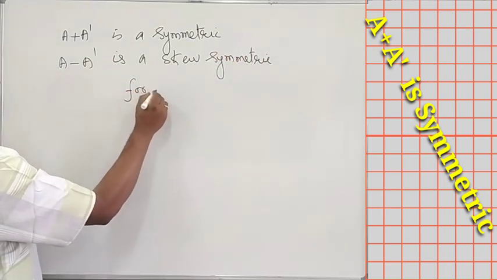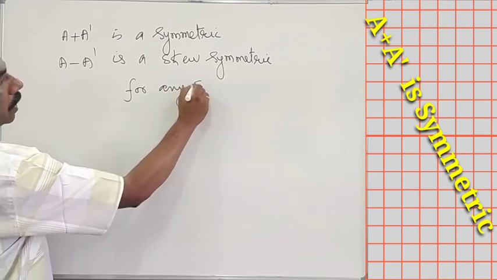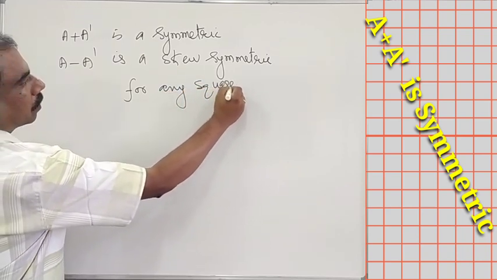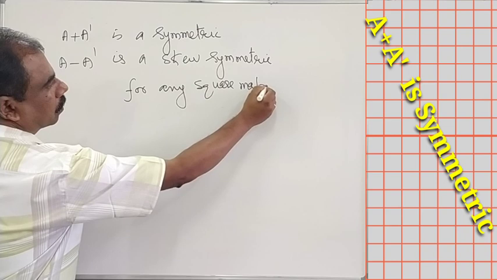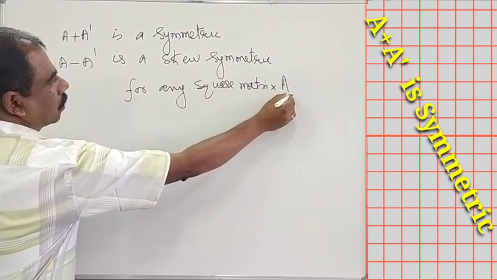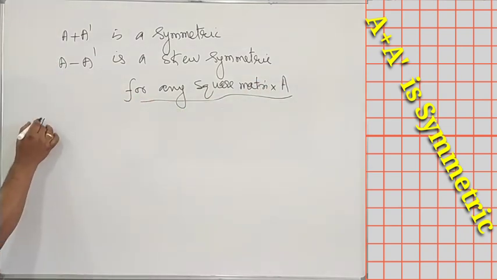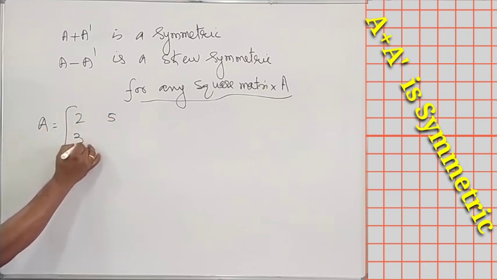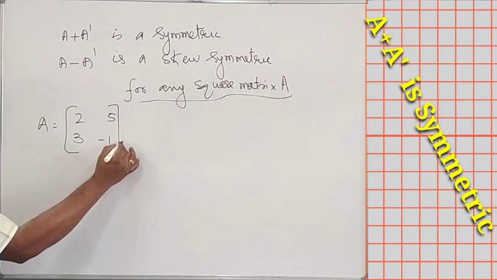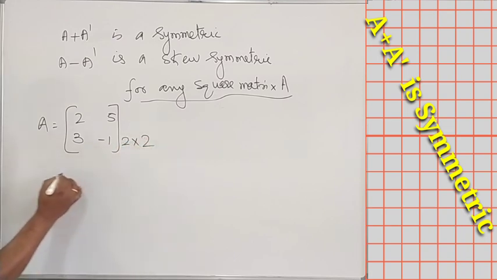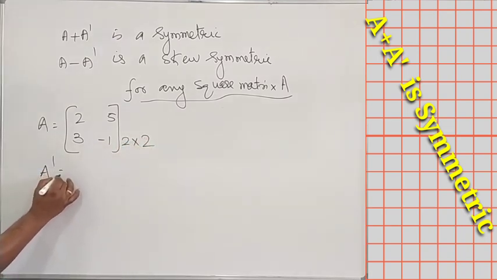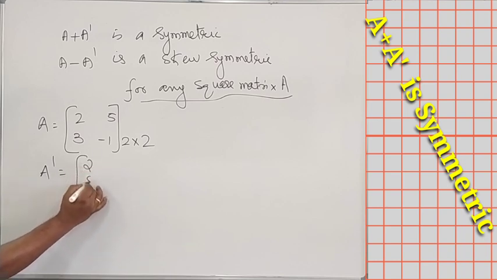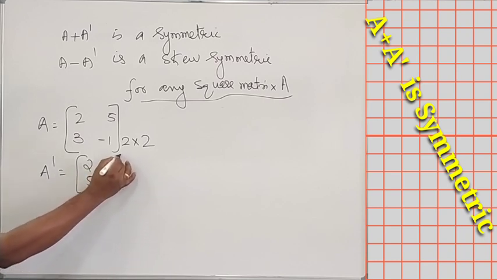For any square matrix A. Let us take an example. Say A is equal to the matrix 2, 5, 3, minus 1. It's a square matrix of order 2 and A transpose is the matrix 2, 3, 5, minus 1.